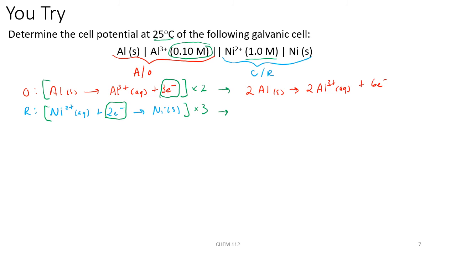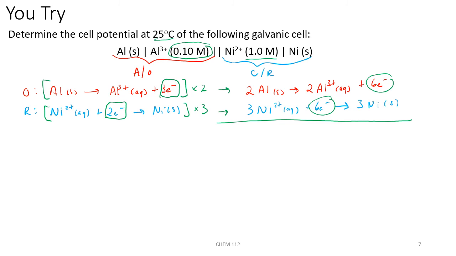And our balanced reduction half reaction would become 3 nickel 2+ ions plus 6 electrons, and our product would be 3 nickel solid. So now when we add together those two half reactions, we can cancel out our electrons, because remember, you never want to include electrons in an overall equation. They should always cancel. So that's the point of doing that step.